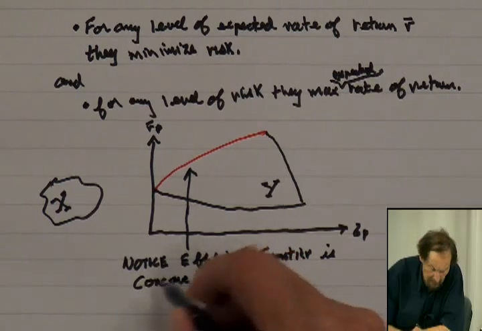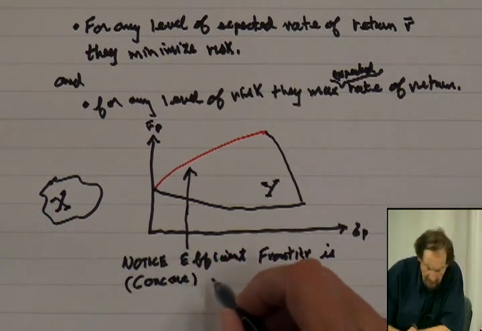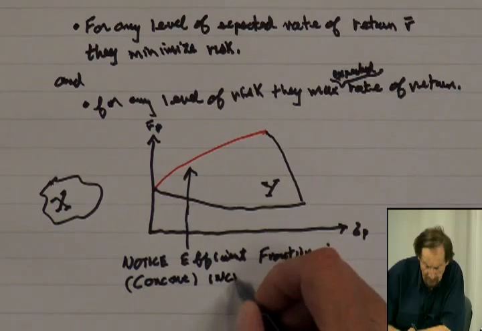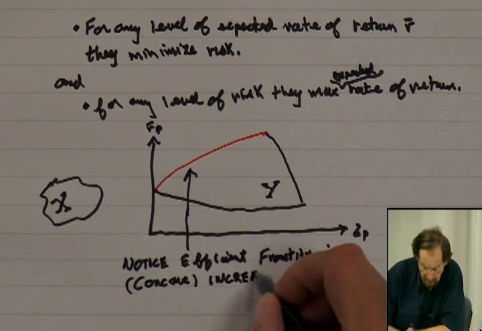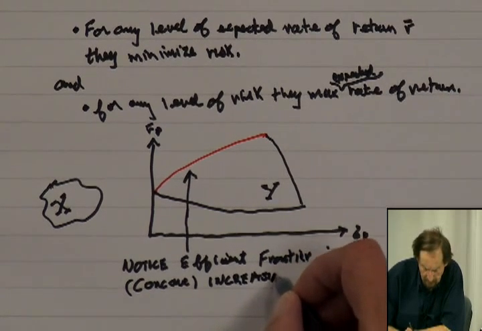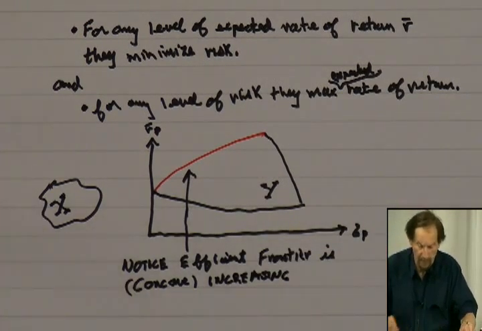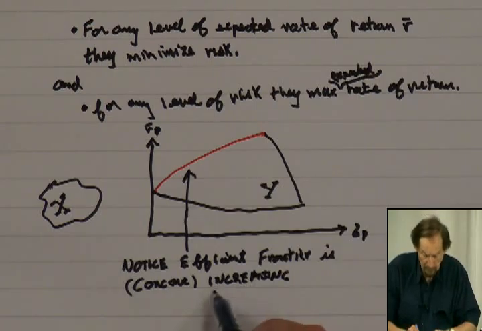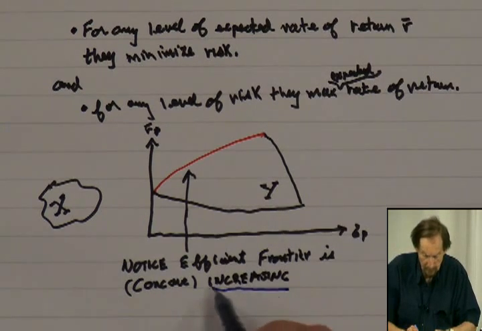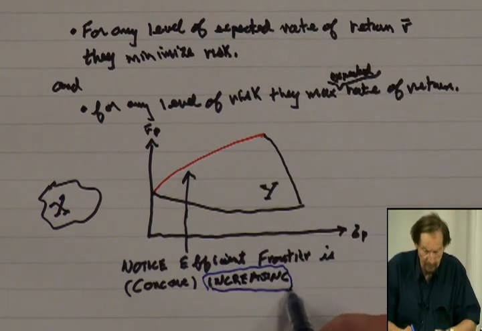Don't worry about concave right now, but it's increasing. Okay, and this increasing is the important thing. That efficient frontier is increasing.